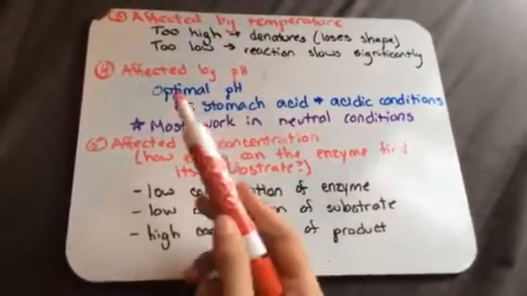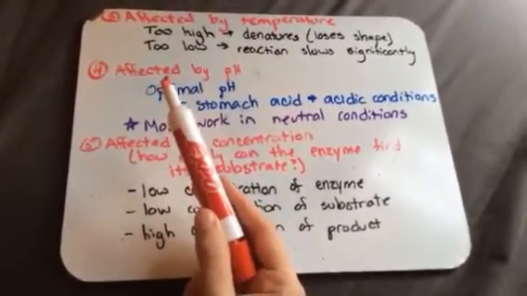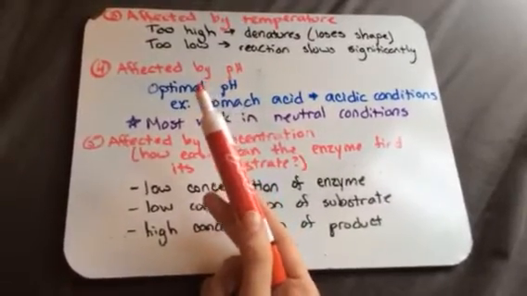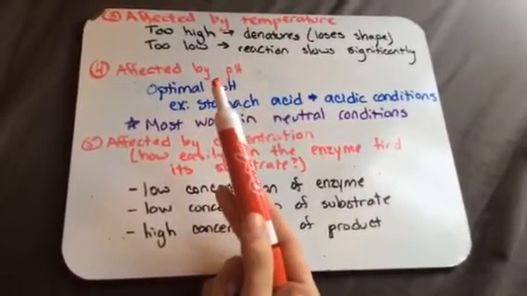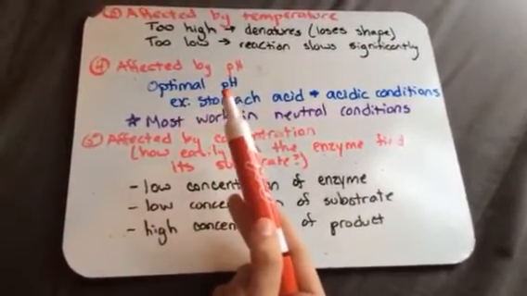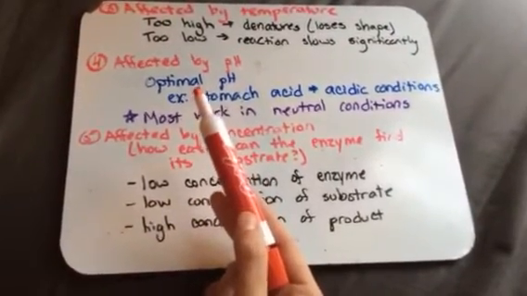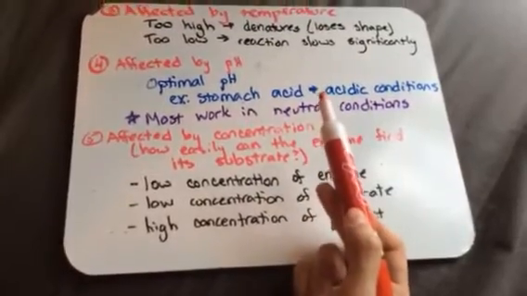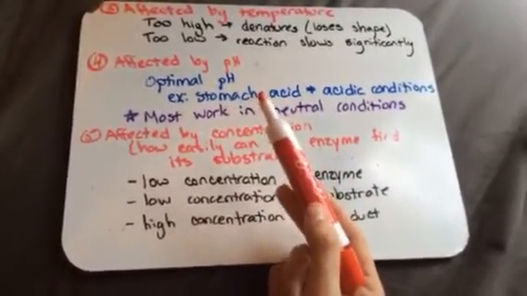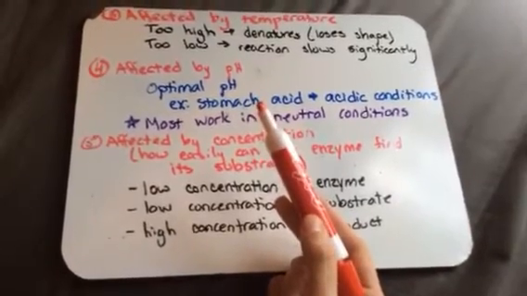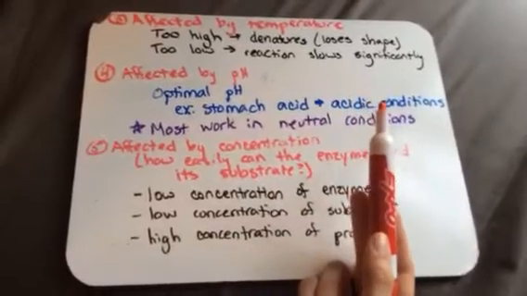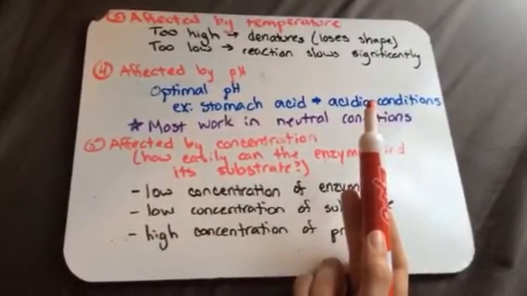The next property of enzymes is that they are affected by pH. So pH is a measure of how acidic the environment is, and every enzyme has an optimal pH. For example, your stomach acid, there's very acidic conditions, but those proteins and those enzymes in particular in the stomach that are used to break down your food, they work well in those acidic conditions, which is good.